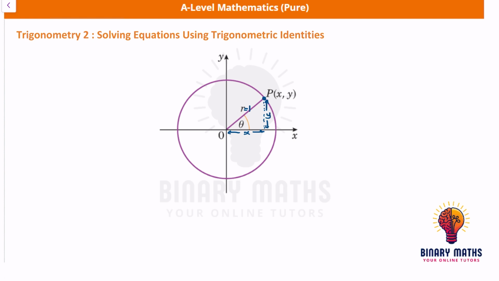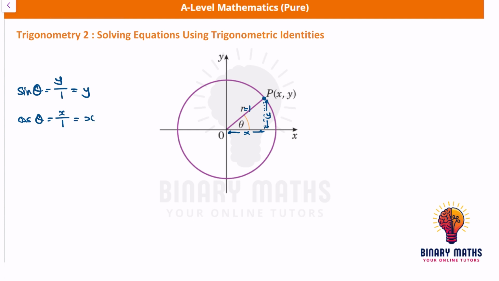Then sine theta is equal to opposite over hypotenuse, which is equal to y over 1, which is equal to y. Cos theta will be equal to adjacent over hypotenuse, which is x over 1, which is equal to x.